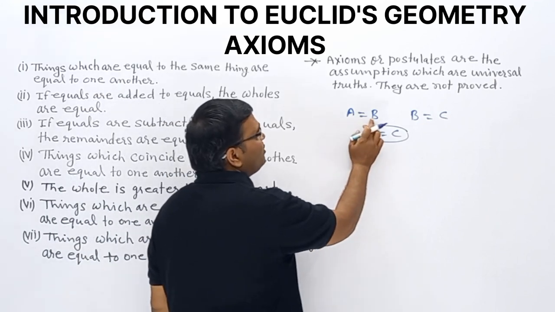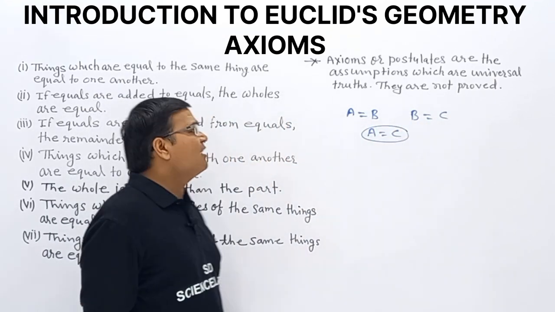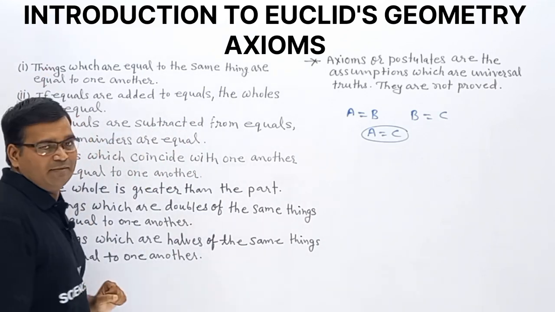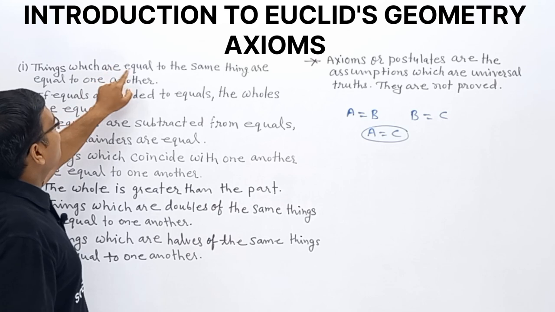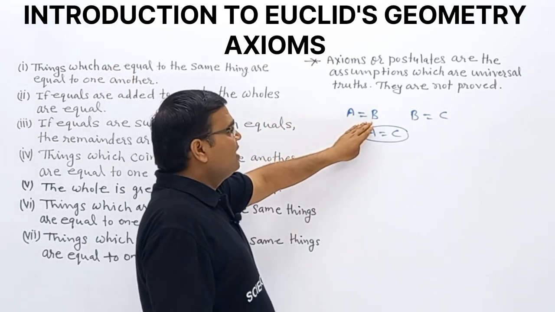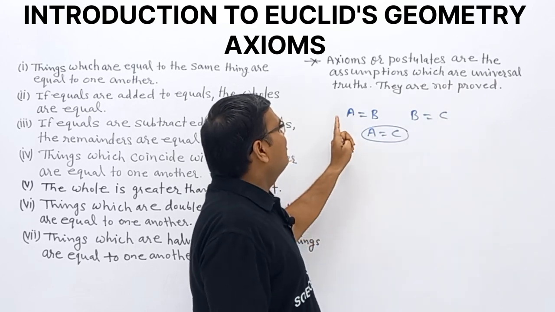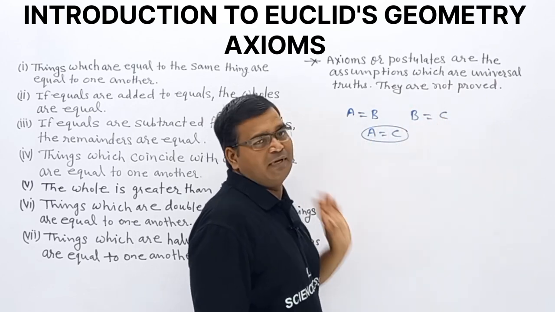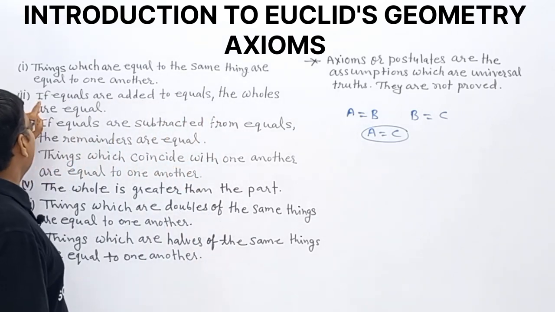If A equal to B and B equal to C, we can say A equal to C. This is the meaning of the first axiom. Are you getting it now? Two things we have, A equal to B and B is equal to a third thing, then we can say the first thing is equal to the third one. Clear?